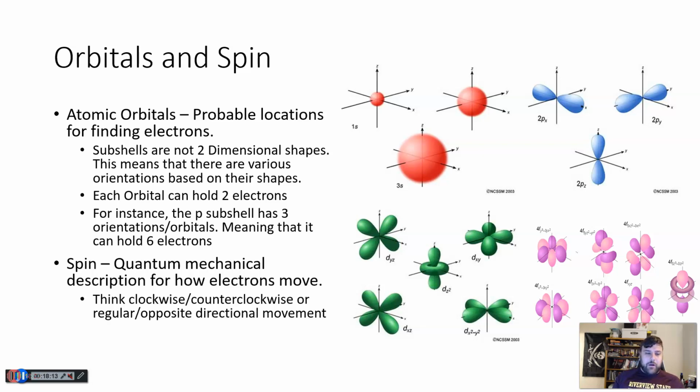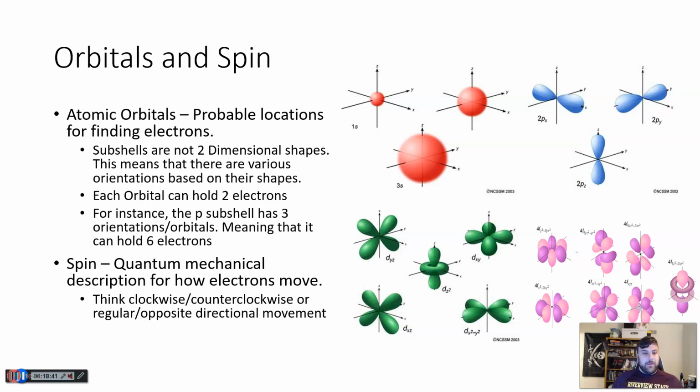The second part of the quantum number that I want to talk about on this slide is what we call spin. This is, simply put, a quantum mechanical description of how electrons move. And the best description I can give this, because obviously the movement of electrons is so much more complex than I'm boiling it down to, this is very high level quantum physics.